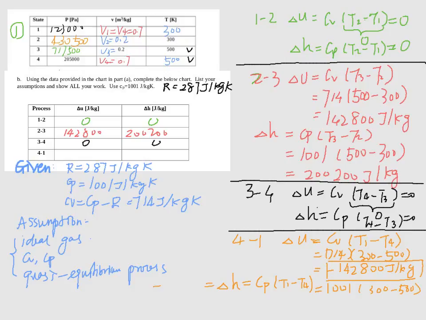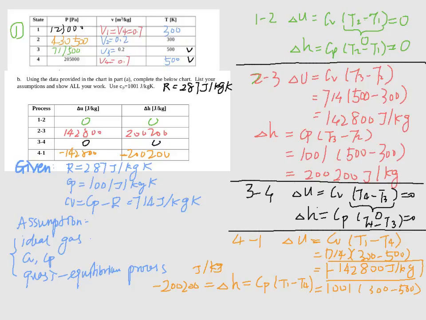It's negative 200,200 joule per kilogram. Okay, so I'm going to put these two values here, negative 142,800 and negative 200,200. Very important here. So make sure the signs are correct.